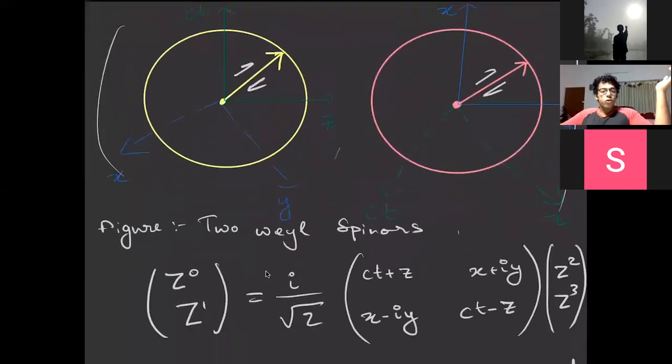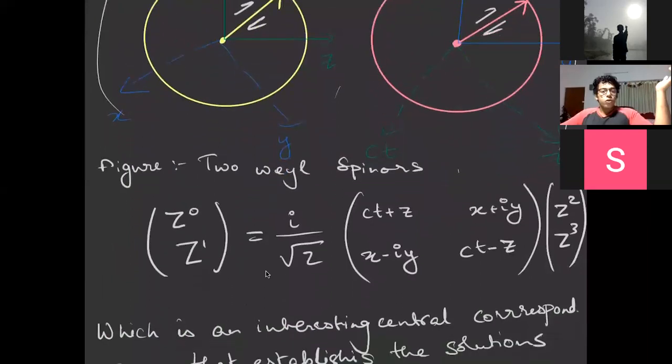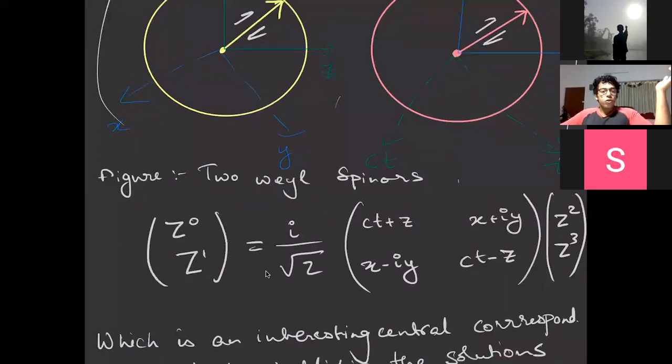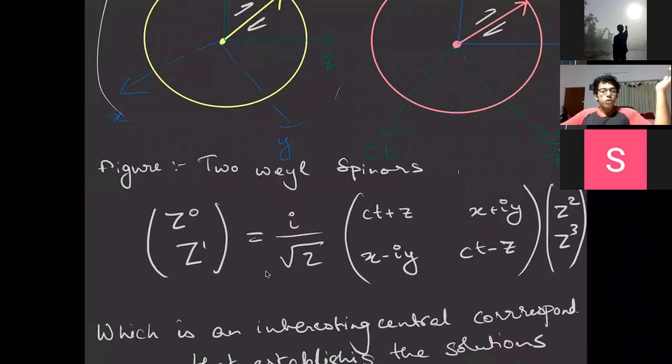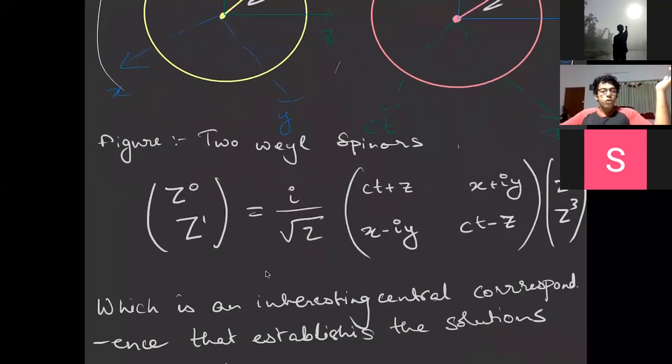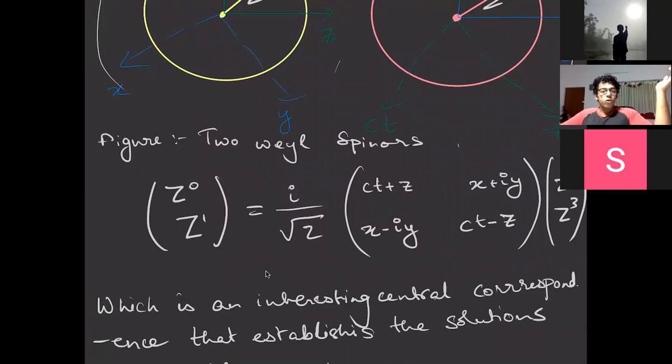So now what happens is, there's something called the twistor correspondence, which gives you the relation between the components of the twistors, right? So your Z naught, so this is the central, yeah, so this is correct.